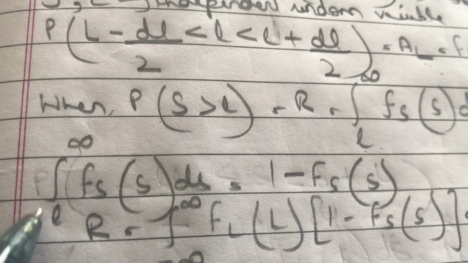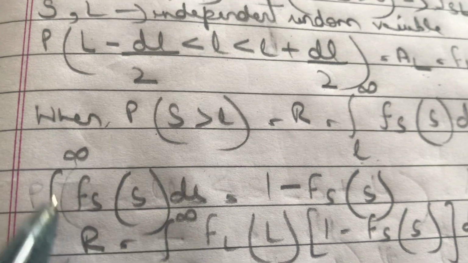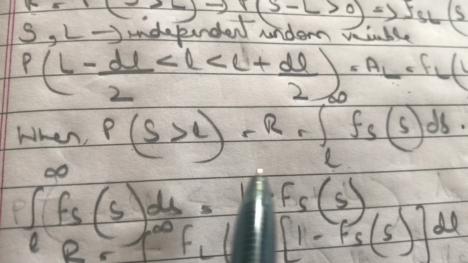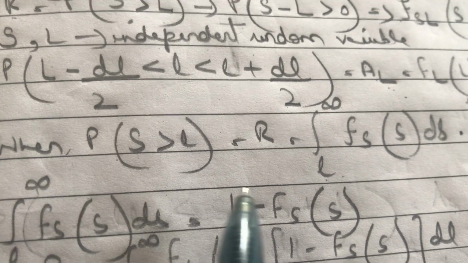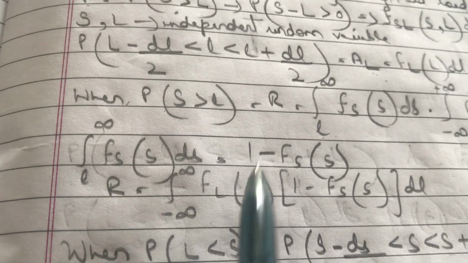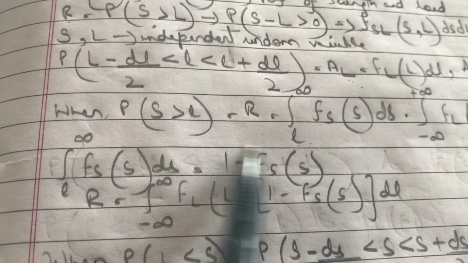The way of writing when we removed our integration is something like this. We removed it, so this equation becomes 1 minus Fs of s. Got it? Now this reliability can also be represented in the form of this.